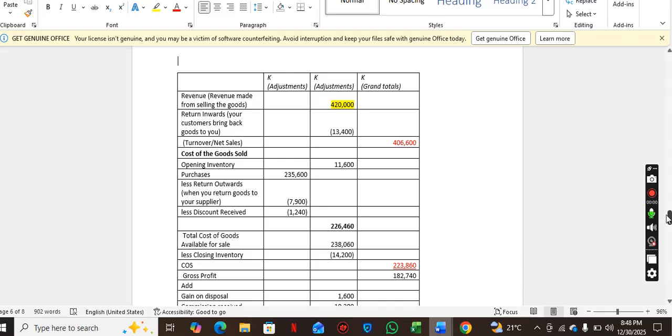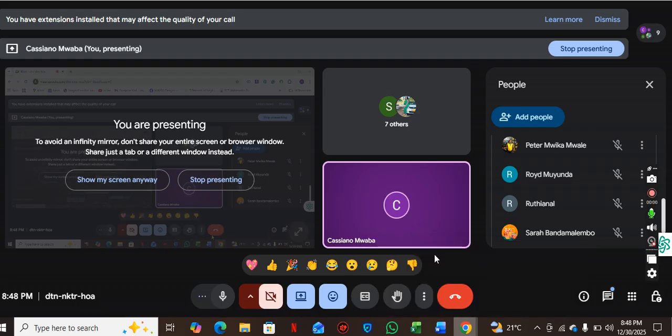Okay. And also the accruals concept is being applied here. Where is the accruals concept being applied? Here in revenue. Remember the accruals concept, when we record revenue even though we haven't been given money, and also expenses even though we haven't paid out money.